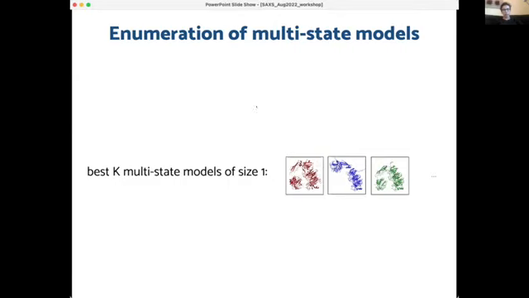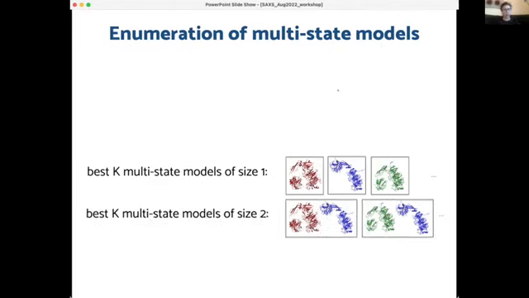So next we select best scoring multi-state models. We start from models of size 1 and we go to models of size 2. We cannot keep all of them because it's quite a lot. So if we started with, let's say, 10,000 models of size 1, then size 2, it's 10,000 squared. So it's quite a lot.